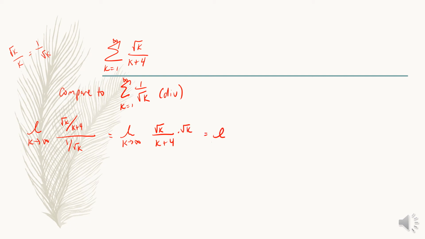But the square root of k times the square root of k, that's just k. So I get k over k plus 4. And for the same reasoning as last time, k over k is just 1. So I did the limit comparison, and I do get a number, the number 1. So they both behave the same way. And because 1 over square root of k diverges, I know that our original one also diverges.